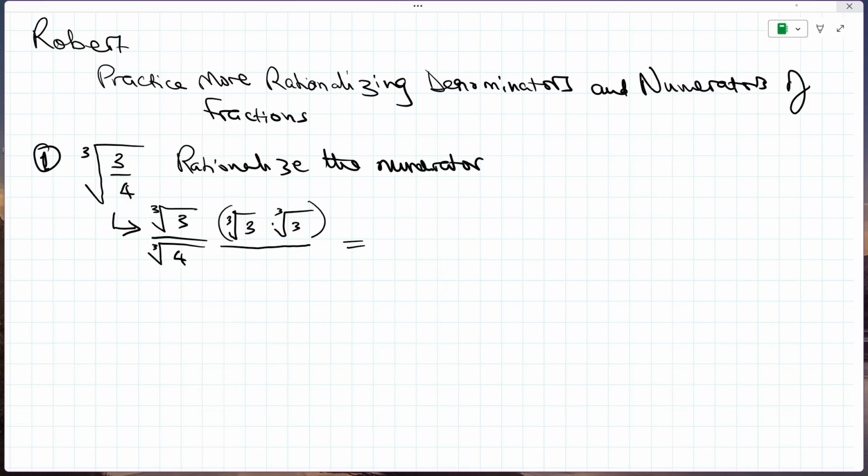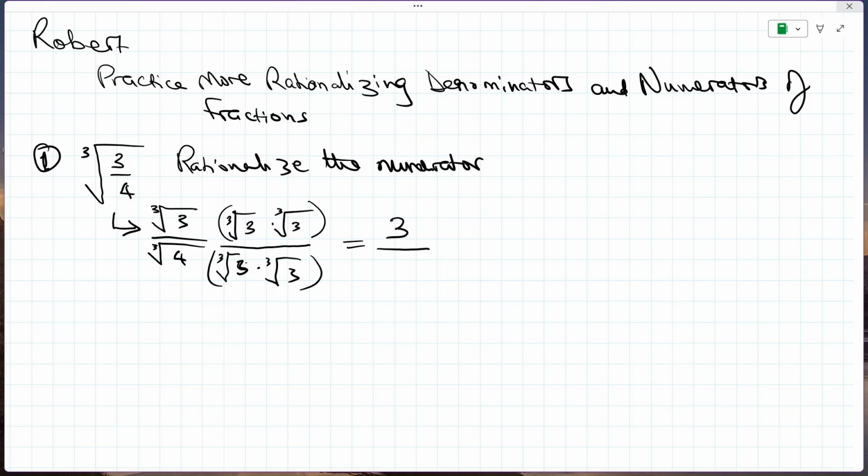So even at the bottom, we have to multiply cube root of 4 by, sorry, cube root of 3 by cube root of 3. What you do to the numerator of a fraction, you must do the same thing to the denominator of that fraction. So now, cube root 3 times cube root 3 times cube root 3 will give us 3.